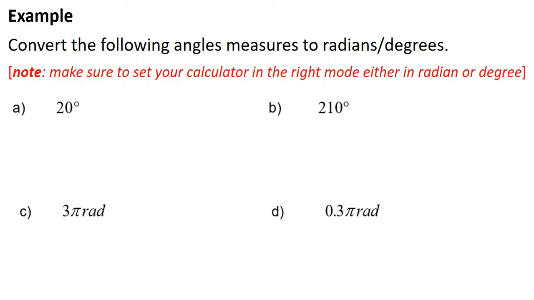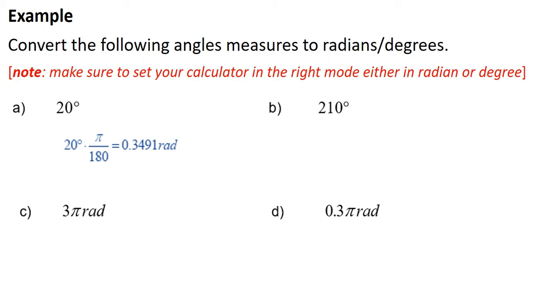For example, we have the first question, 20 degrees, which we will convert to radians. Therefore, we need to make sure our calculator mode is in radians before we start the calculation. For this one, we just multiply by pi over 180 degrees and we will get 0.3491 radians. Same goes for question B, where we have 210 degrees.